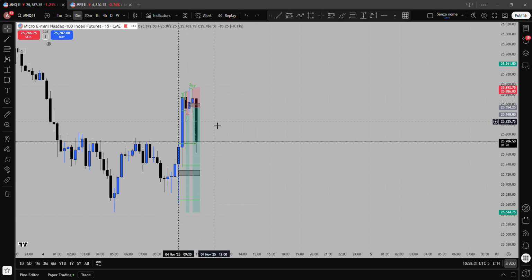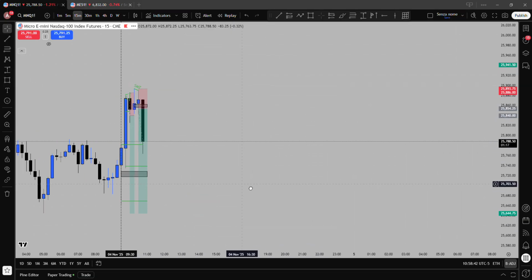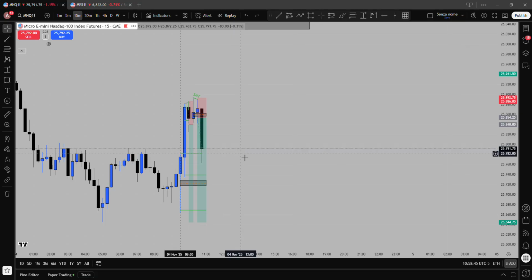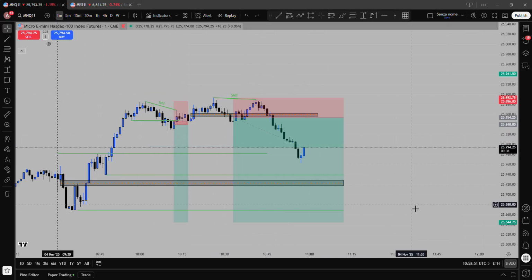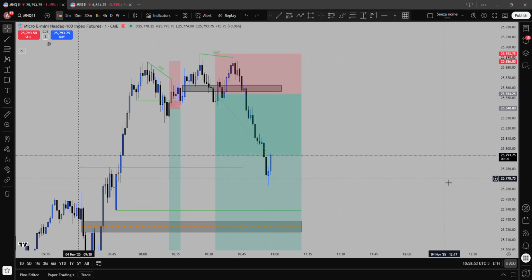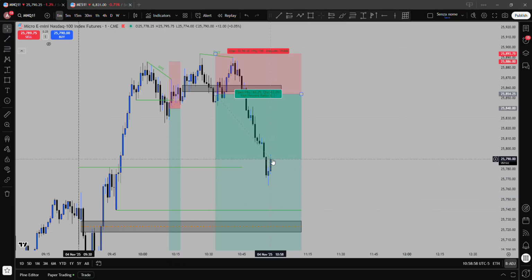So if we end up inverting these, it will not be that great, but hopefully we can invert it. So we need the next candle to close below this one.